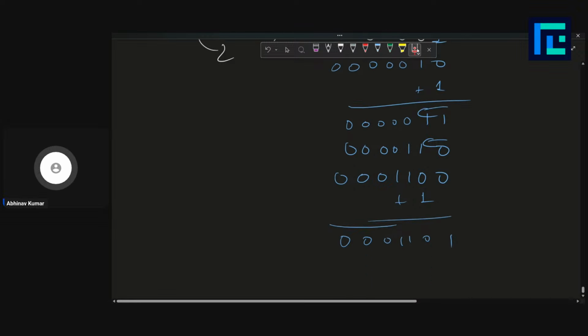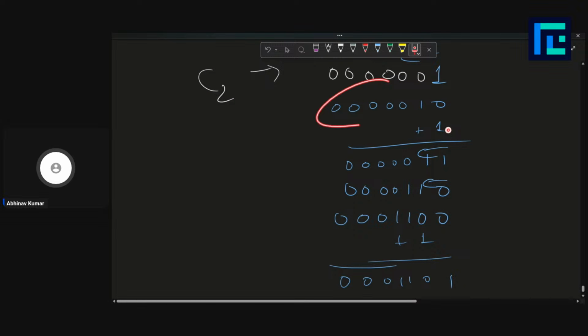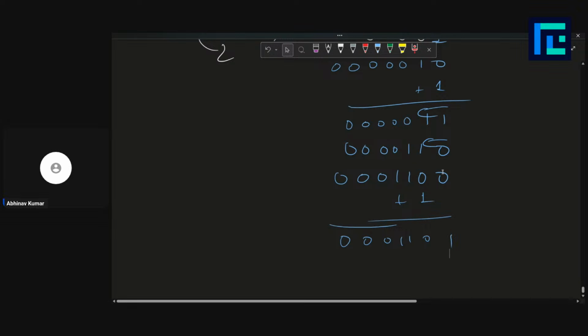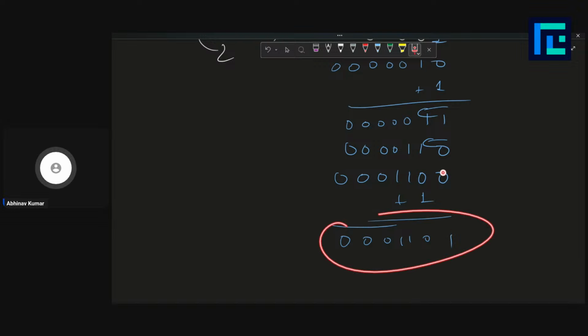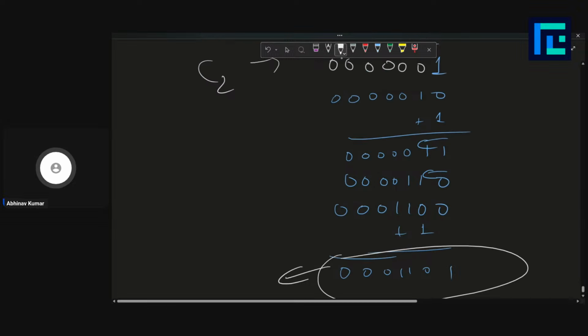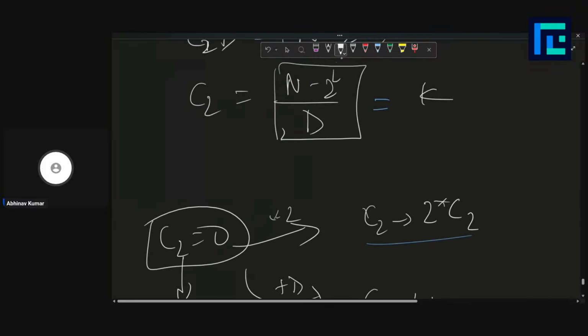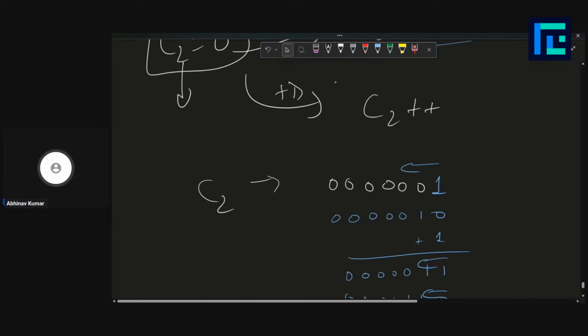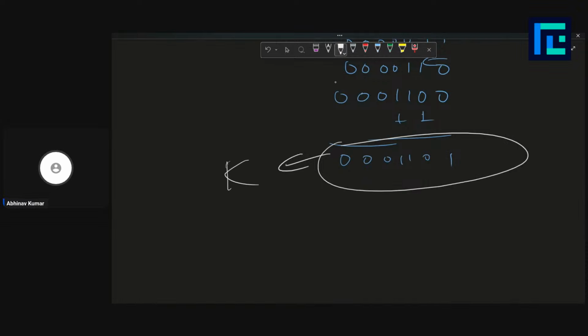So you can see that you are actually moving in binary. Finally, what you want is the final C2 should become equal to this k. So whatever k you have, let's represent that k in binary.